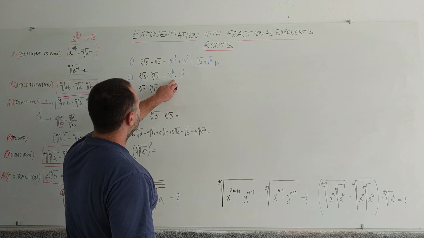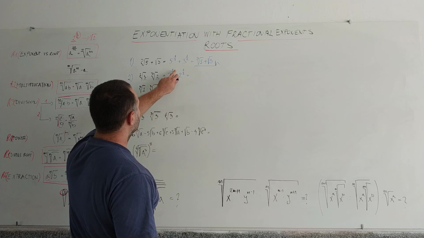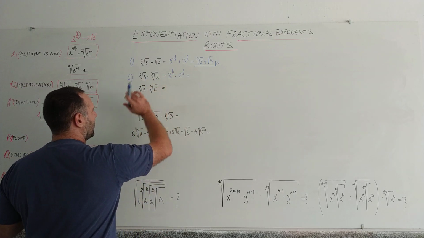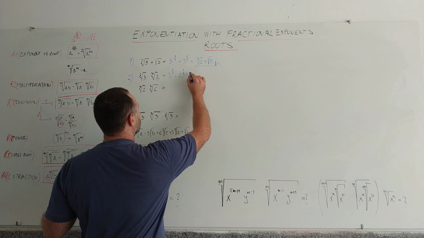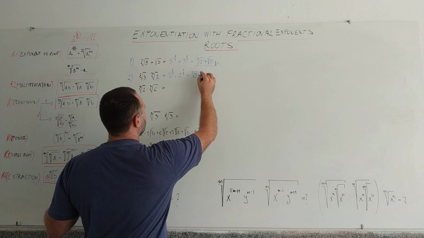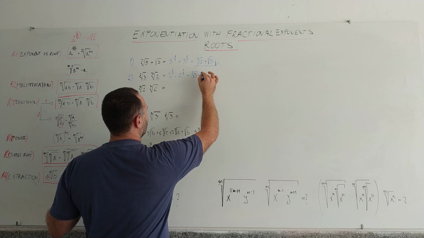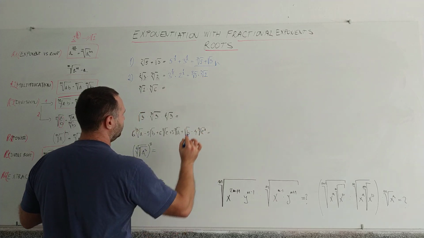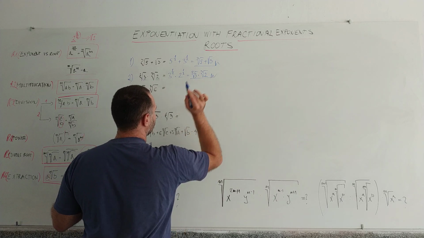We can't do anything. Different bases, different exponents. The result is practically the same as the beginning. Second root from 3 multiplied by third root from 2. This is the final result.